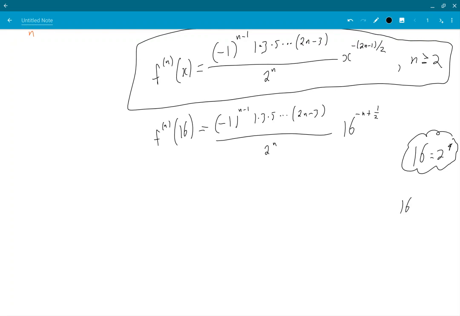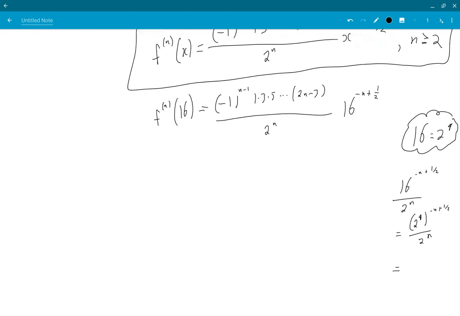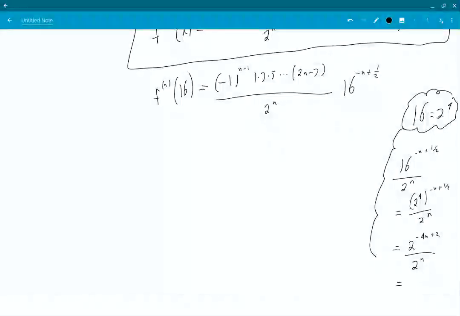So you have 16 to the negative n plus a half all over 2 to the n, which is 2 to the power of 4, negative n plus a half over 2 to the power of n. That is 2 to the negative 4n plus 2 in the n. So this is 1 over 2, I'm adding on the bottom, 5n plus 2.